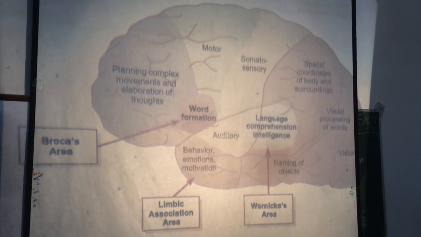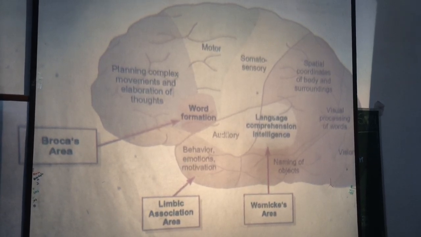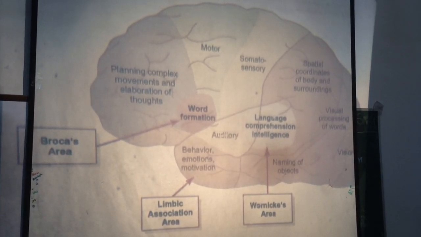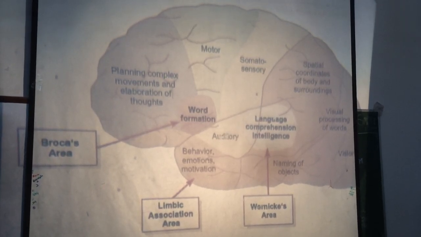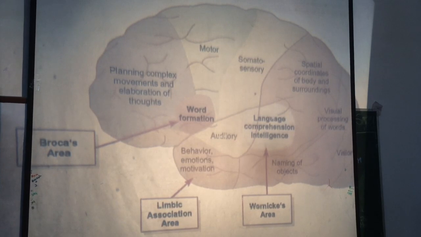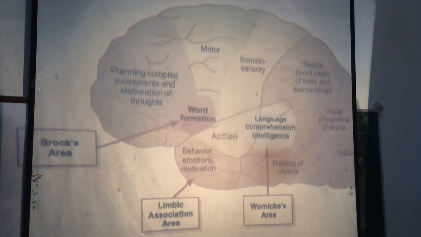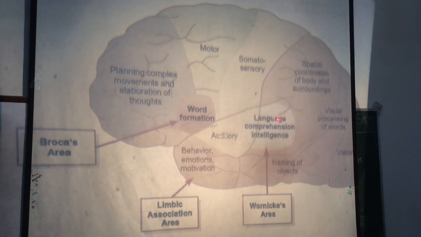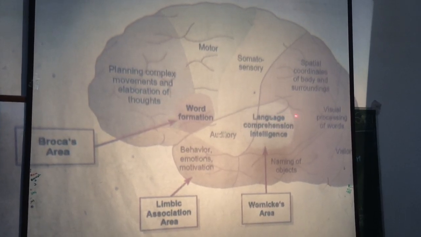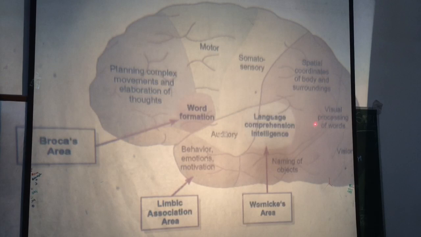The next area is the angular gyrus, Brodmann's area 39. It is located between Wernicke's area and the secondary visual area.